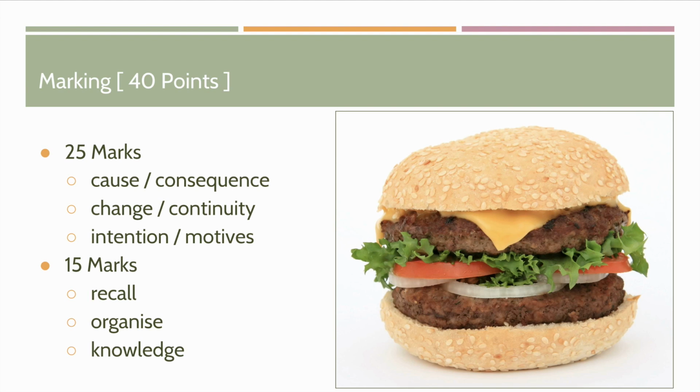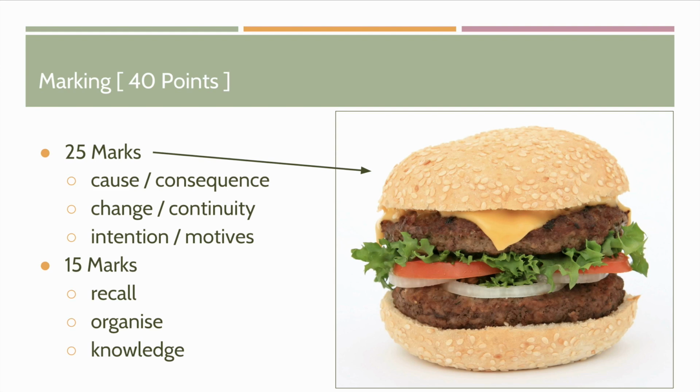You get 25 marks for being able to show things like cause and consequence, change and continuity, and intention and motives. Most of this analytical information, which makes up your opinion, will be found in your introduction, because that is where you are stating your argument.